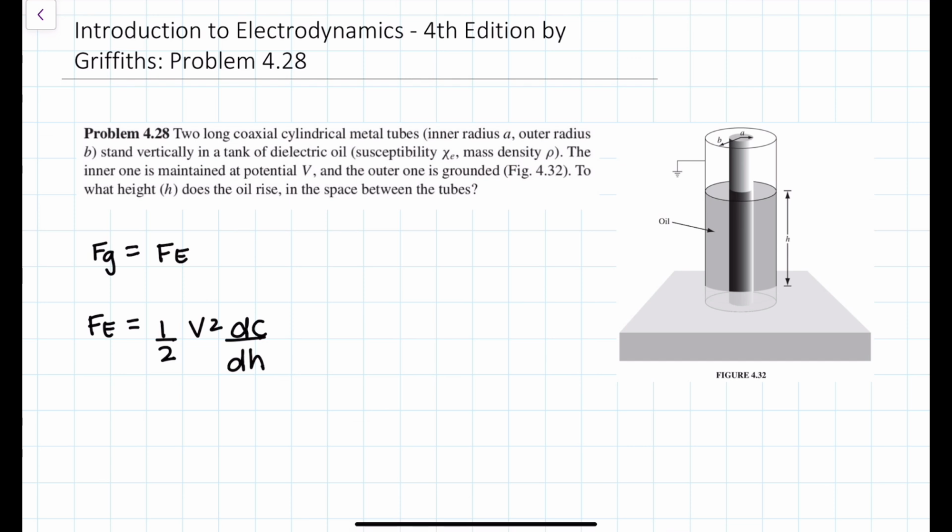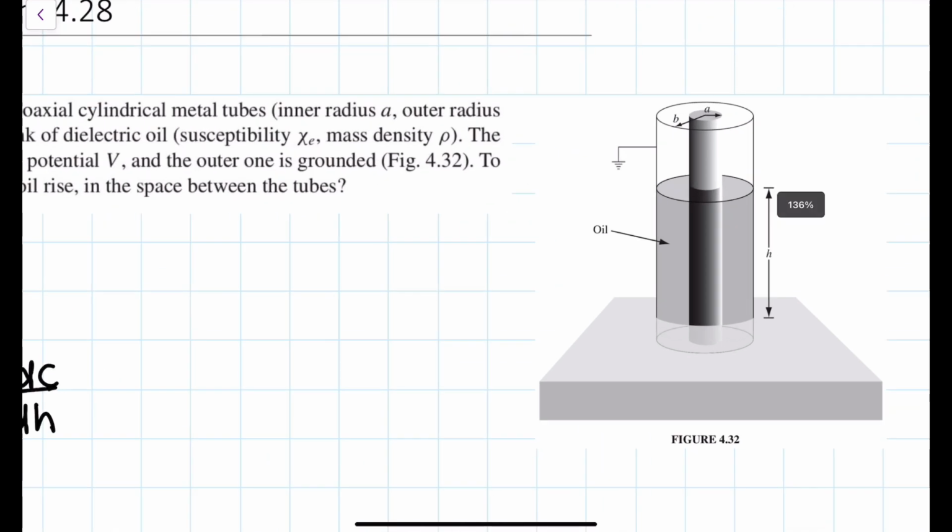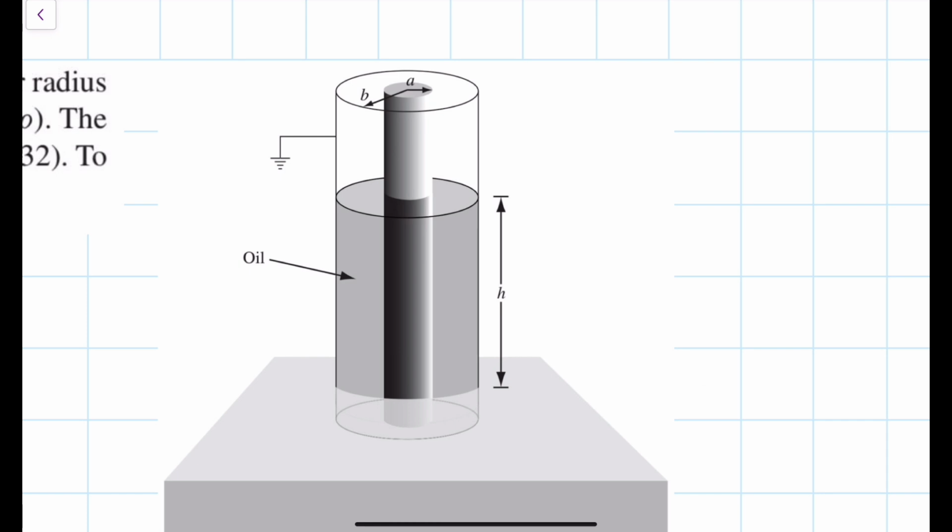Well, we can find the potentials on the two sections. There will be two different potentials, due to there being oil inside the tubes and just a vacuum on top. To find the potentials, we can use Gauss's law. For the air portion, we can just draw a Gaussian surface with radius s.